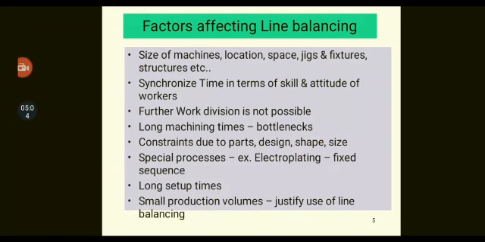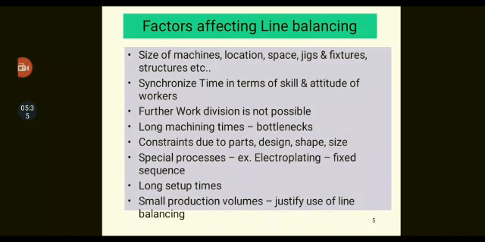Next, we will go through the effects we will face in line balancing. First, size of machine, location, space, jigs and fixtures, structurals, etc. Here, jigs and fixtures are nothing but work holding devices.